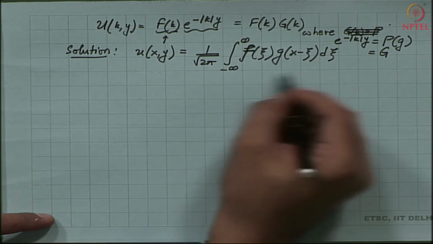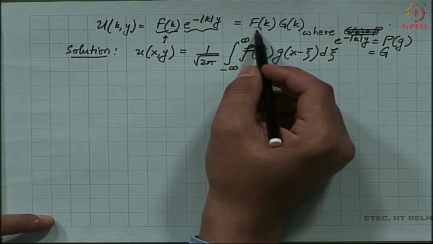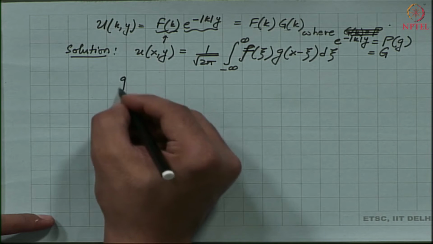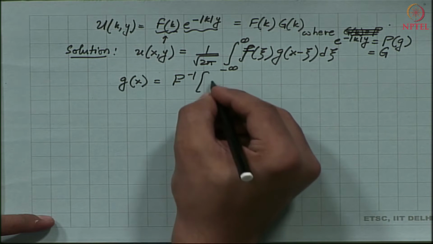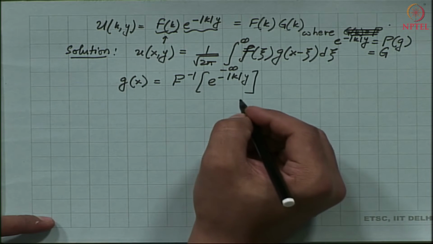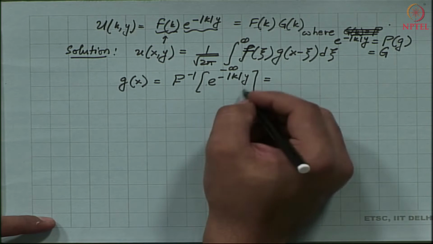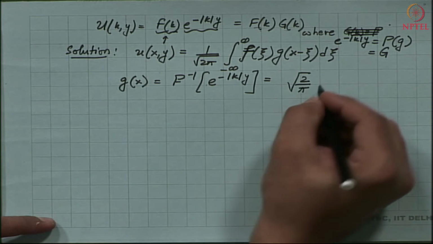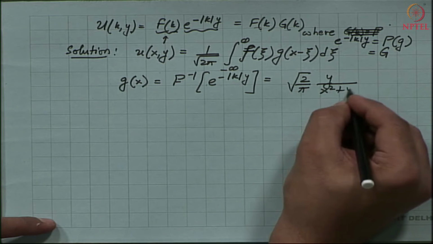This is the convolution of the two functions for which we have the Fourier transforms capital F and capital G. Now G is nothing but the inverse Fourier transform of the function e to the power negative mod k y, and we have already found the inverse Fourier transform of this function to be equal to square root 2 by pi times y divided by x squared plus y squared.